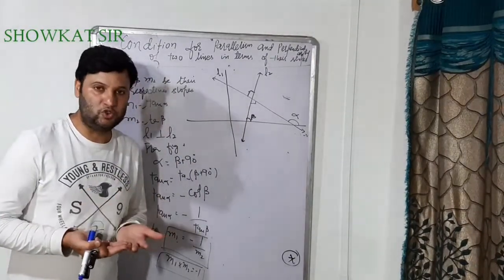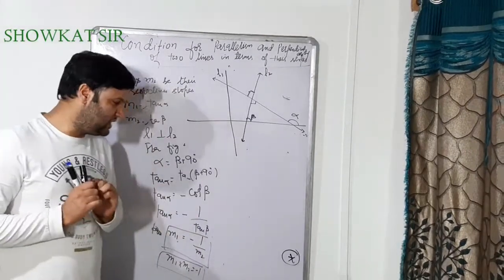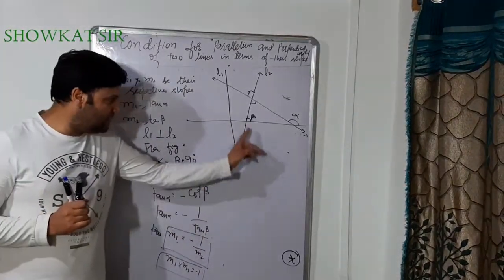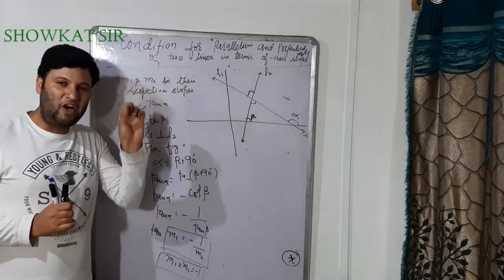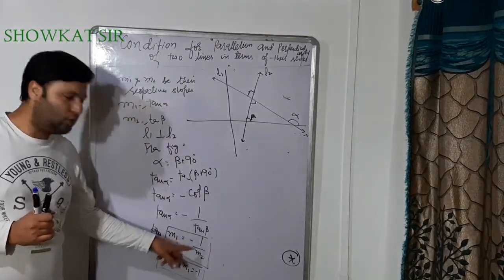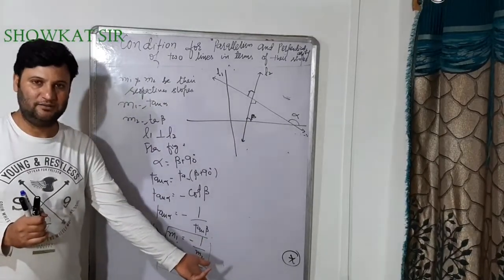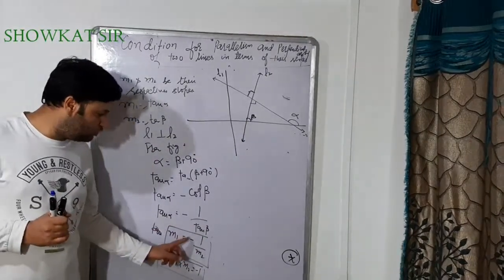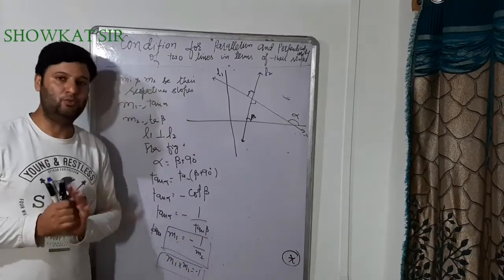In other words, when two lines are perpendicular, the slope of one line is negative times the reciprocal of the slope of the other line. M1 is equal to minus 1 by M2.